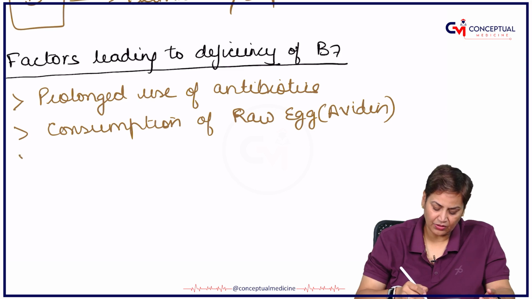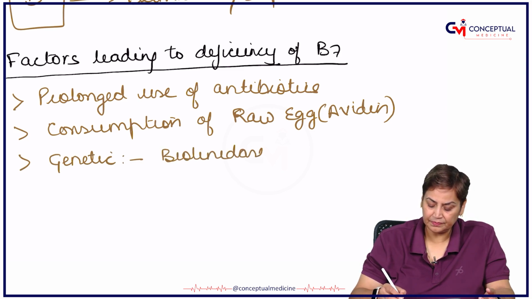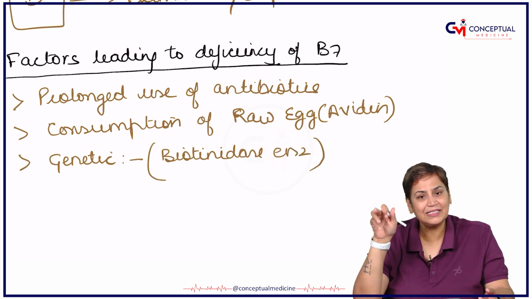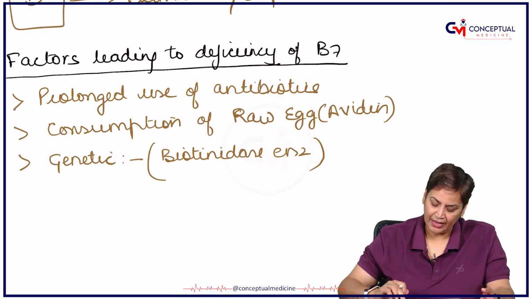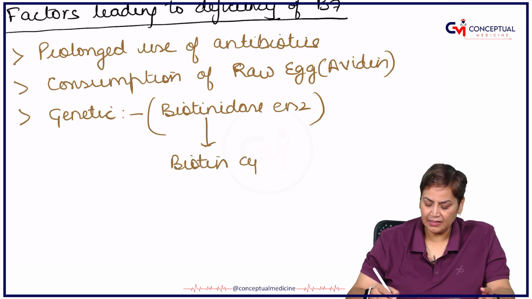Or if we talk about the genetic one, if there is deficiency of biotinidase enzyme, so if this is also deficient, the biotin cycle will be hampered.